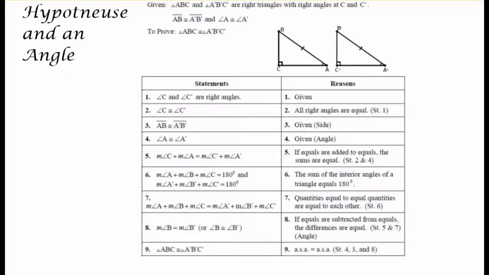Now, what if I have other conditions? I can begin to think about if I have the hypotenuse of two right-angle triangles and an angle. So I have two triangles here, and again with another proof that I can go through and see if I can determine these two triangles are congruent just by looking at the hypotenuse and, of course, an angle that's not included. Now, every right-angle triangle already has an angle that's 90 degrees.